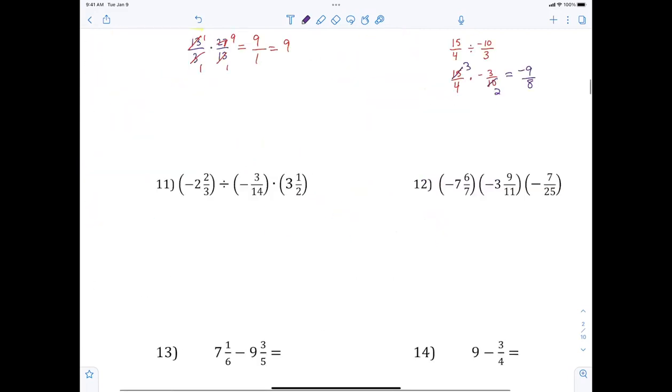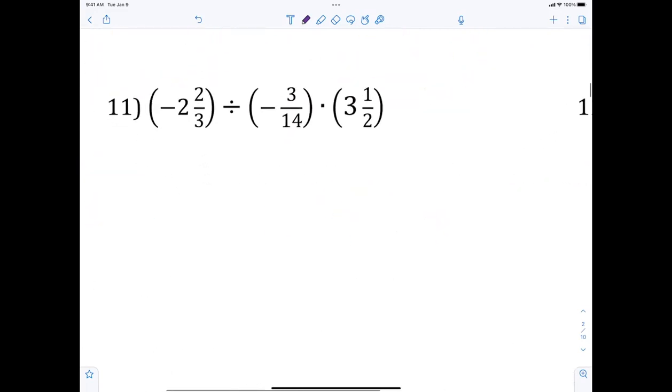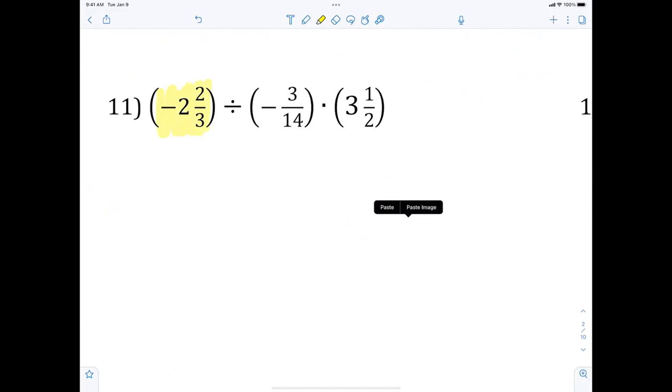Let's knock out number 11, which is kind of annoying. All right, I'll do it. Evan, tell me. What do I need to do first? Yes, you got to convert it to an improper fraction. So what's that?